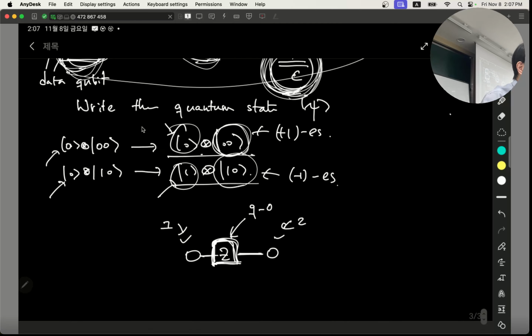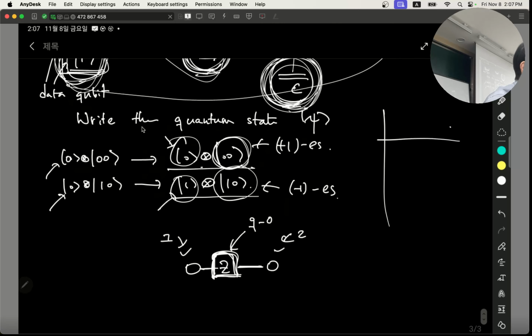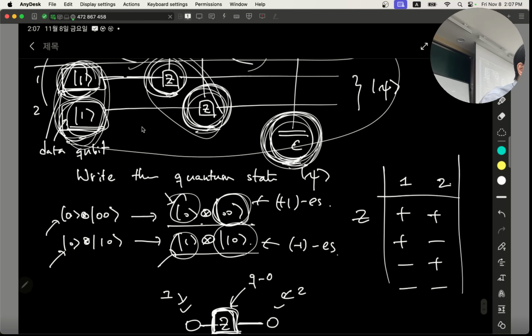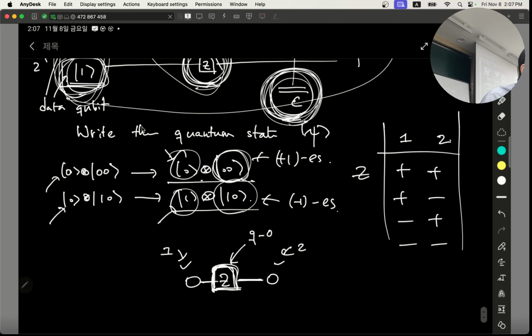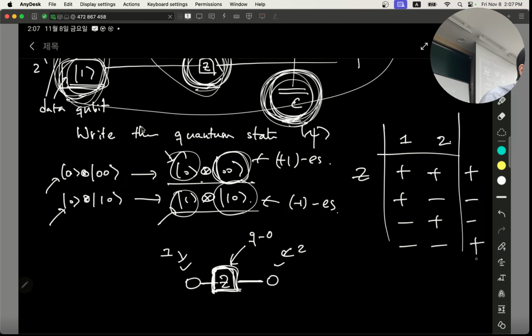So there are 4 possible ways of getting the eigenstate. For qubit 1 and qubit 2, it could have plus plus, plus minus, minus plus, or minus minus for the Z gate. But what you can detect after doing this circuit is either plus or minus. So that's a single measurement. In this case, you measure 0. In this case, you measure 1, 1, and 0.